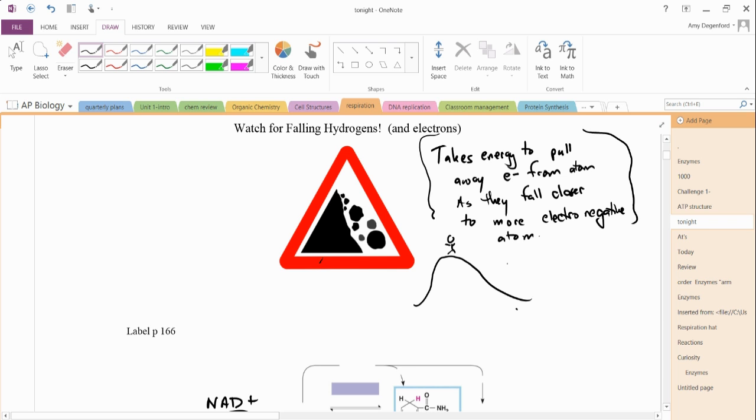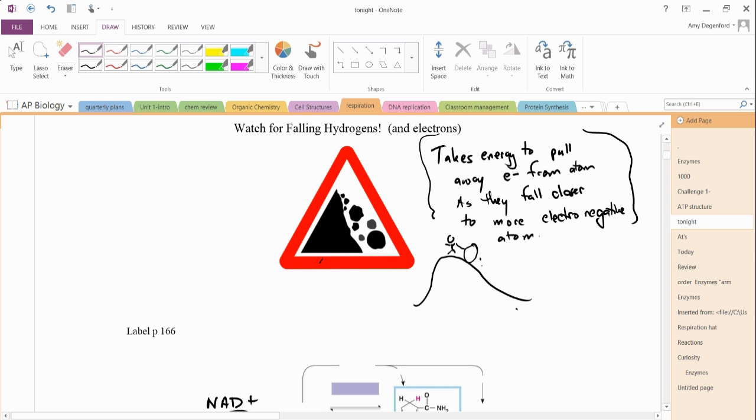Imagine a hill, and you're pulling a big rock up the hill. I think it's quite intuitive to think, I need to exert energy to pull this rock up from the ground.